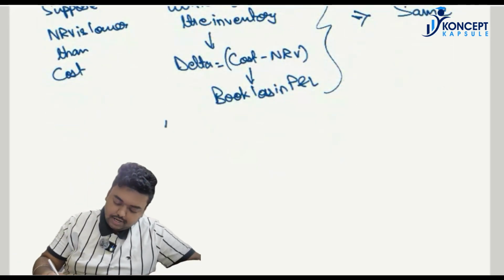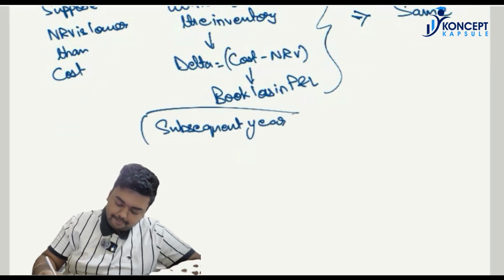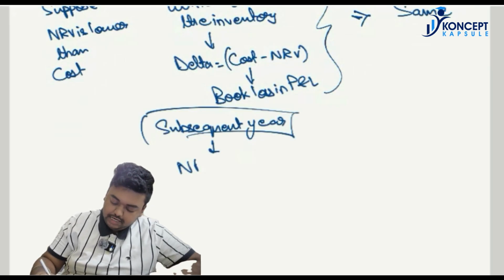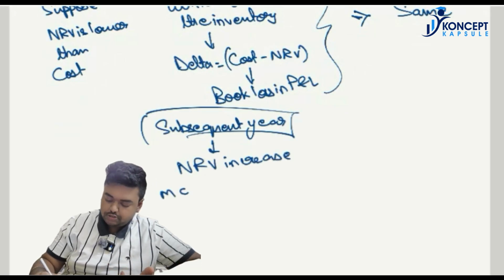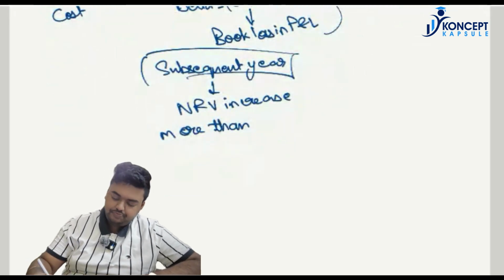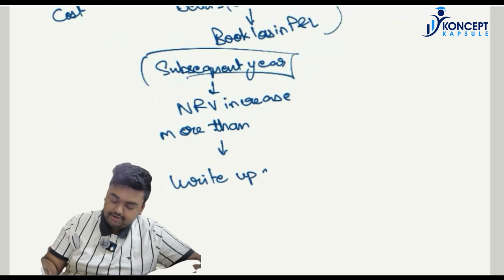Suppose in a subsequent year NRV increases, then there will be a write up of inventory value.